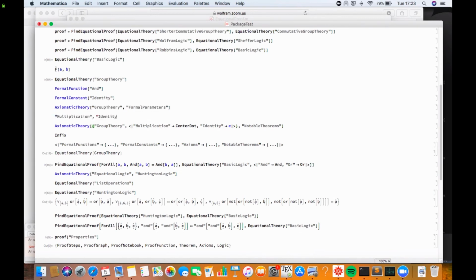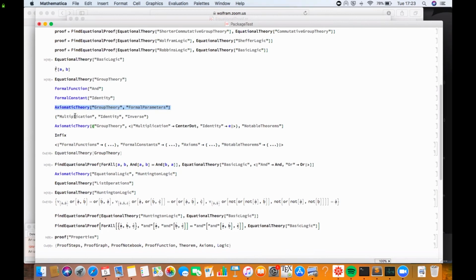Right. And now what we could do is we could have another second element, which is called formal parameter rules. No, don't change that one. Copy it down.